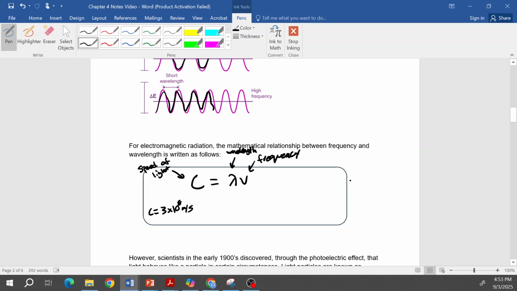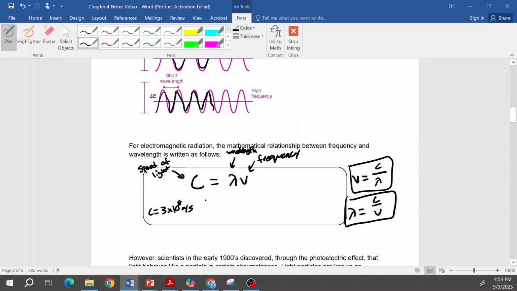So if I wanted to find my frequency, I would say v is equal to c divided by lambda, if I divide both sides by lambda. Now I've got an equation for frequency. I can do the same thing to find an equation for wavelength. If I wanted to find wavelength, I just say lambda is equal to, again, dividing both sides by v, c over v. So all I have to do is manipulate the equation and I can solve for anything.